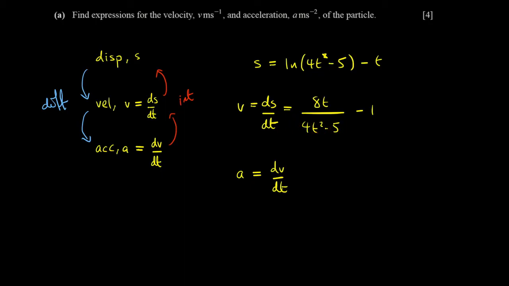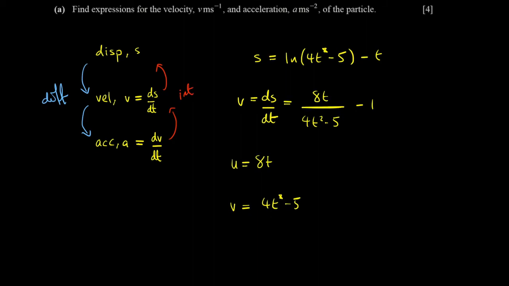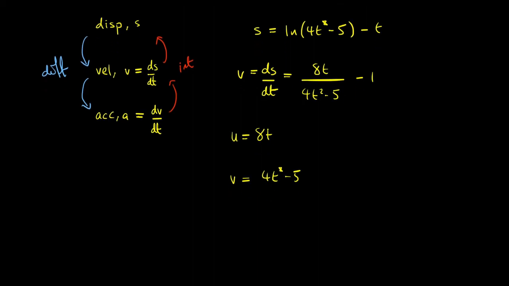So I'm going to call the first function on the top u, so u is 8t. And the function on the bottom, v, is 4t² − 5. Now, we need to differentiate both of these. So we get u prime is equal to 8, and v prime is equal to 8t.